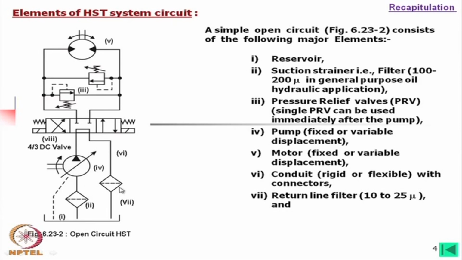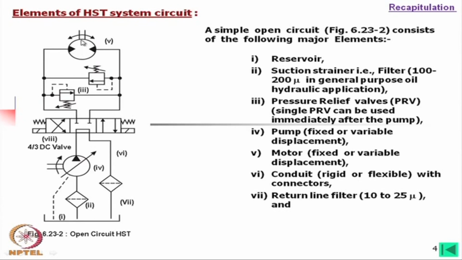If we put such a strainer at the inlet, then this pump will need very high power. So, to avoid that, and then there will be loss, we put it in the return line, and this is also justified because there is no exposure up to this pump part that the dirt can come inside.